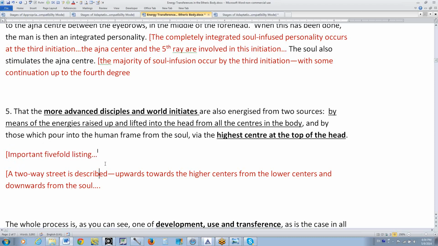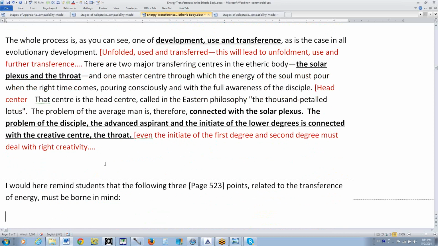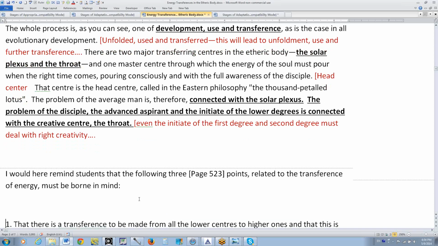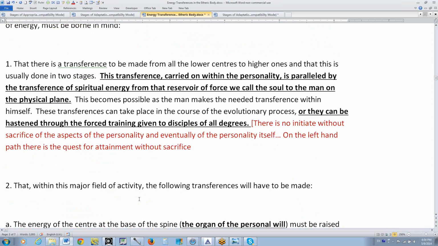Okay, and now it goes on, and I think we are at the end. Yes, we are at the end of our work here. So I would like to bring this all into some kind of grand synthesis, but it's not really possible.